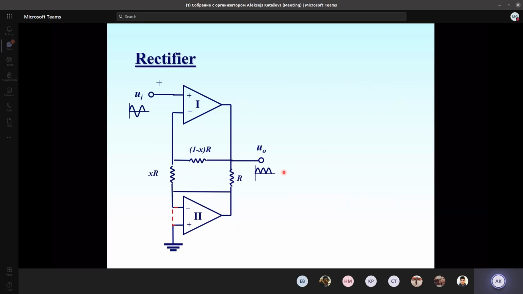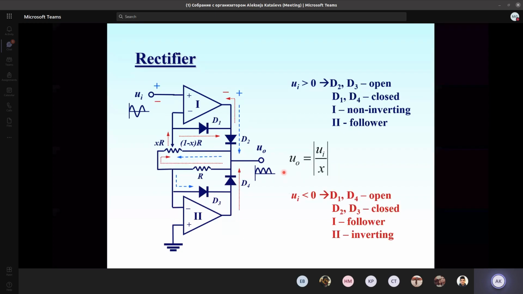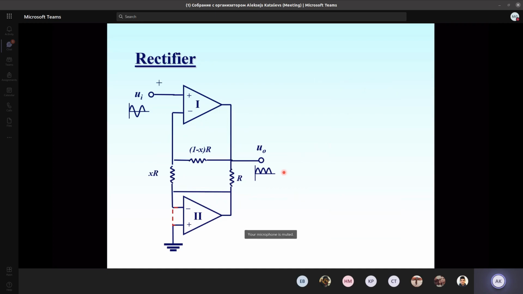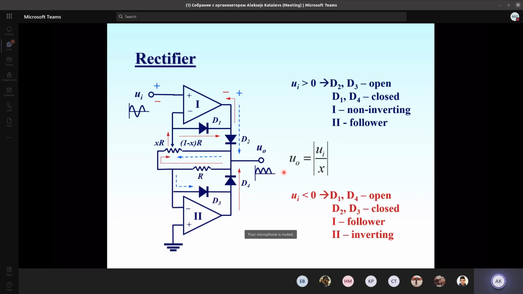For you, please consider these two conditions at home. Look at the first case, when the positive voltage is applied, and then the diodes D2 and D3 are open, D1 and D4 closed, so D2 and D3 are replaced just by lines, and D1 and D4 are just removed.